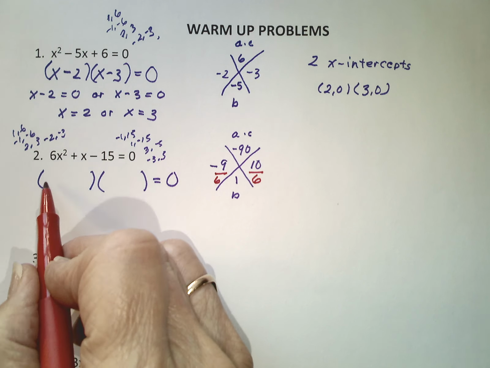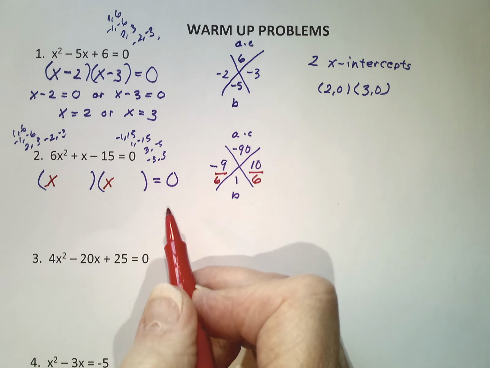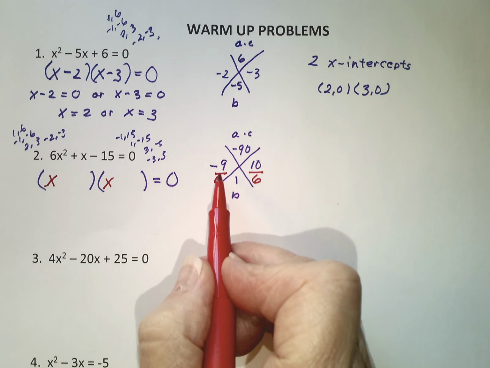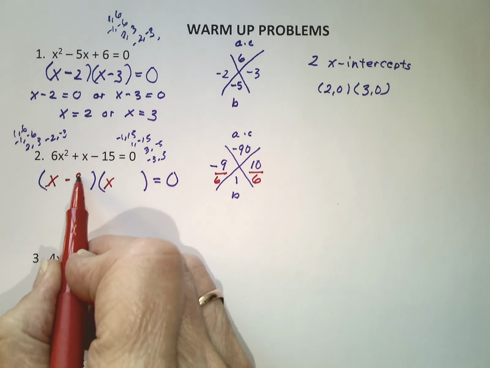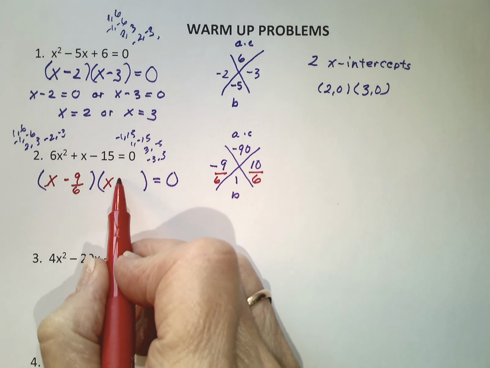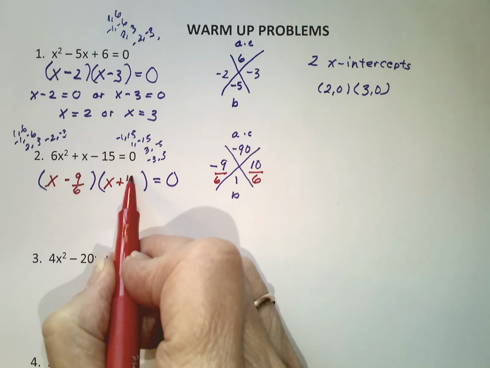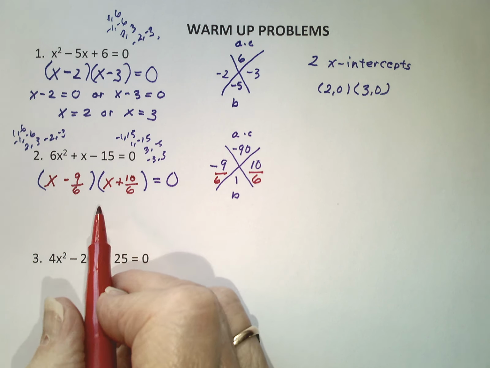And instead of putting a 6x here and a 6x here, we're just going to put x, and bring over the numbers after they were divided by 6. So we'd have (x - 9/6)(x + 10/6). And those are our two factors.